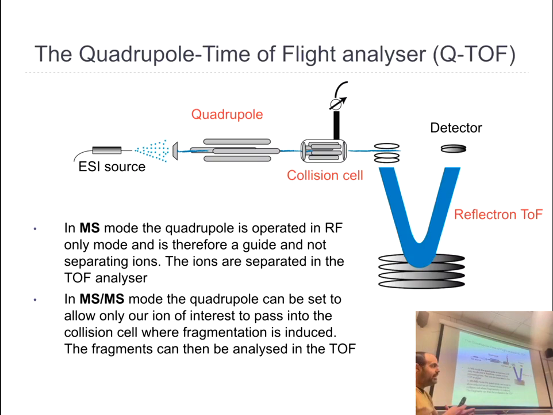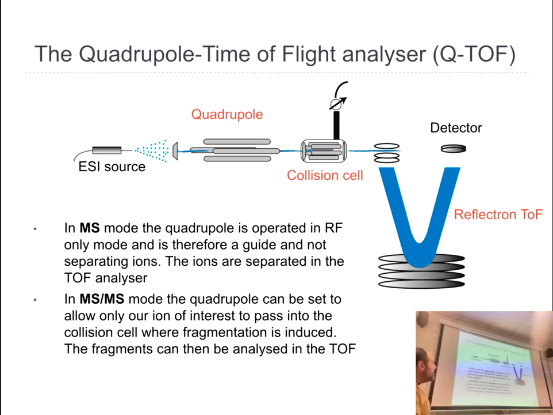Do you remember the time of flight is one of these simultaneous transmission ones? And you remember in the previous lecture I told you about the equations and how we measure the time it takes to travel in this reflectron, and how that is related to the mass to charge ratio, right?